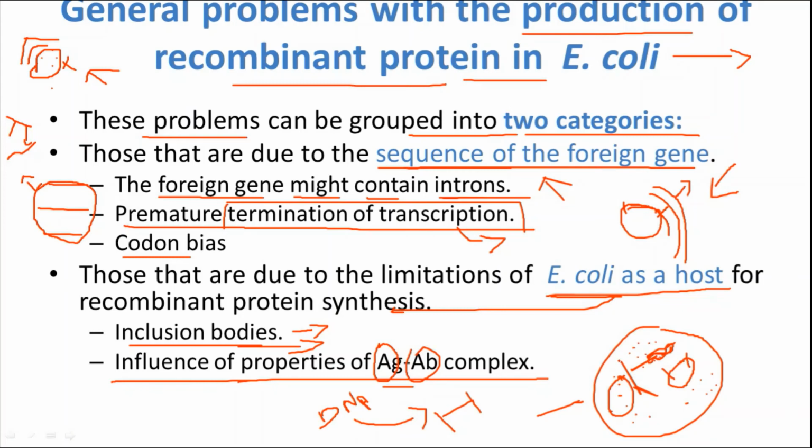For example, 1 kilogram of E. coli biomass contains 10 milligram of DNA polymerase enzyme. So the host polymerase is already there, and the antibody gets confused whether the cloned gene product is this or this. So avidity or cross reactivity may take place. This is a main problem.